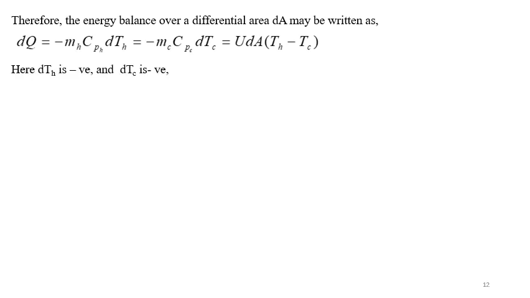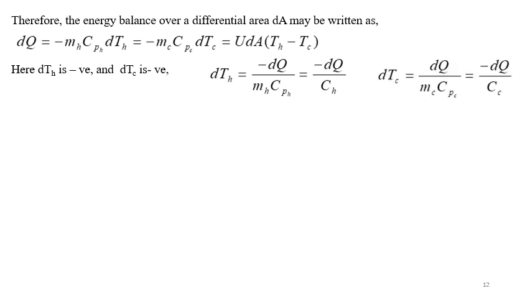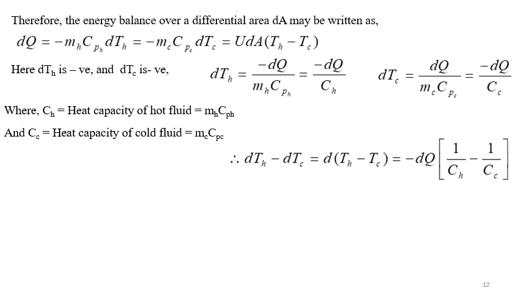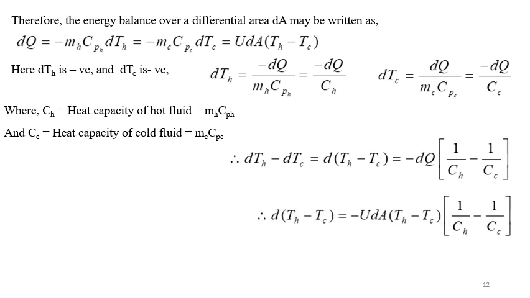Here both terms dTh and dTc are negative. Therefore, dTh is equal to minus dQ by mH Cph, which is equal to minus dQ by Ch, and dTc is equal to minus dQ by Cc. Now, dTh minus dTc is equal to minus dQ into (1 by Ch minus 1 by Cc).